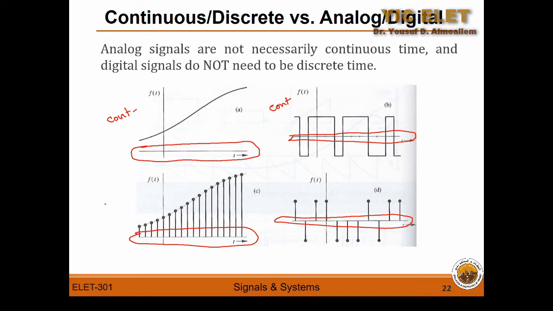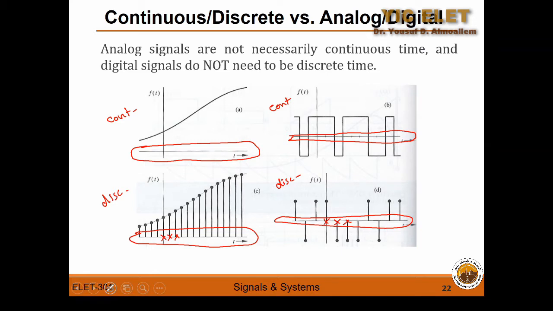So these are discrete time axes. It can take values only at certain points. If you come in between, this is undefined, and this is the same. It can take values only at certain points. If you come in between, this is undefined.